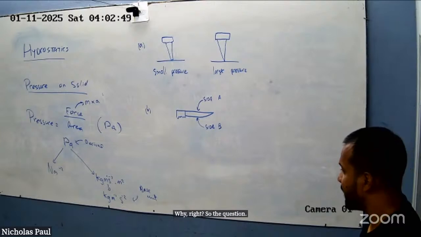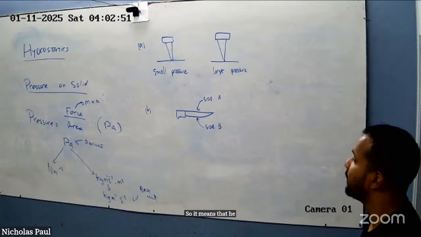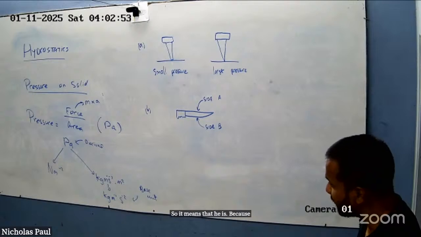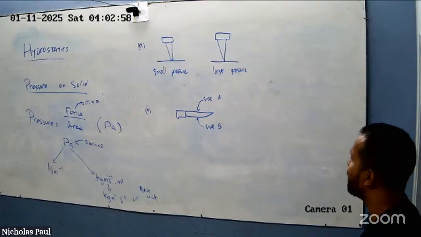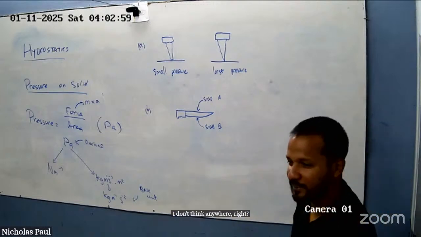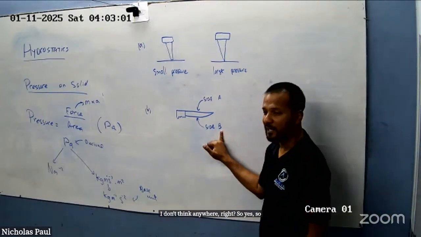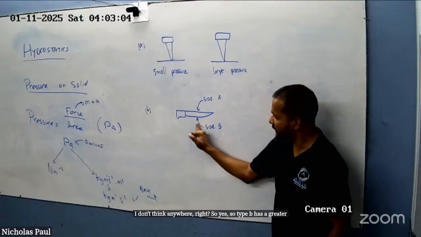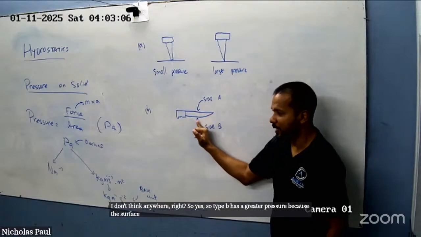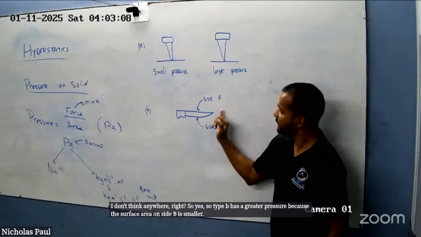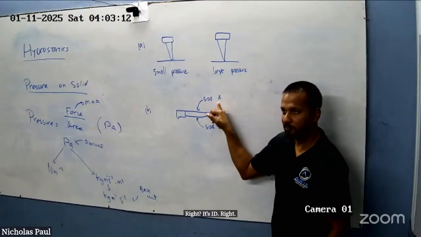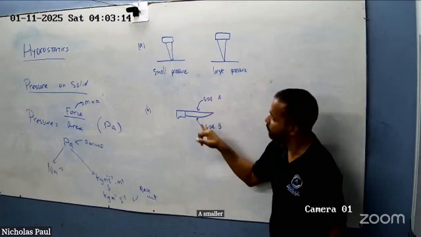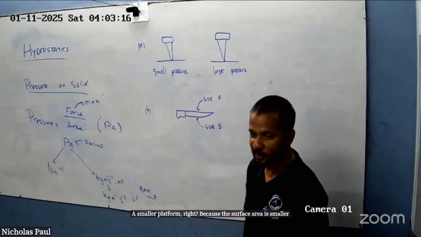So it means that the pressure is larger because the surface area is small. I want to hear the word area. So yes, side B has a greater pressure because the surface area on side B is smaller. Side A applies a smaller pressure because the surface area is larger.